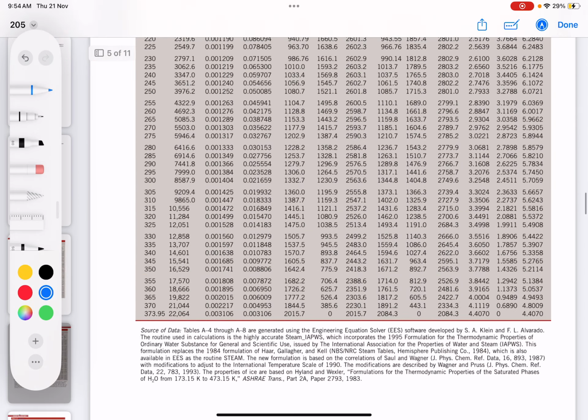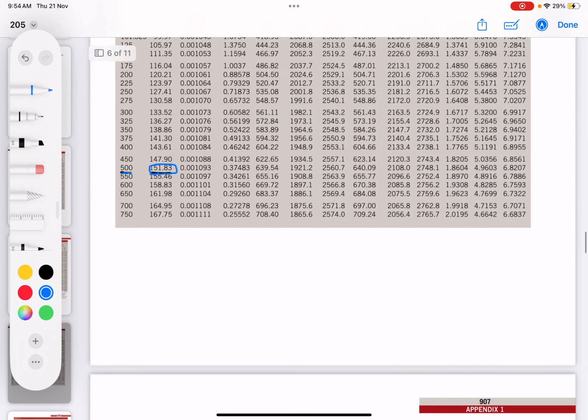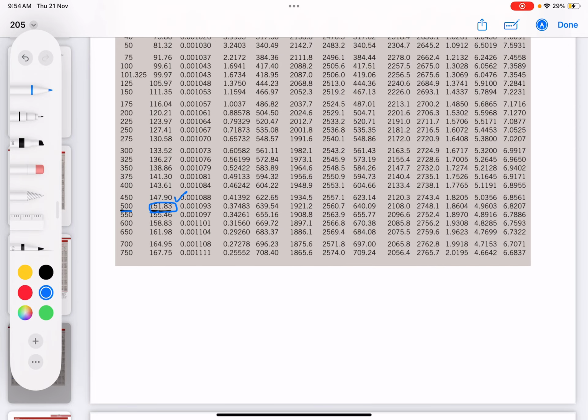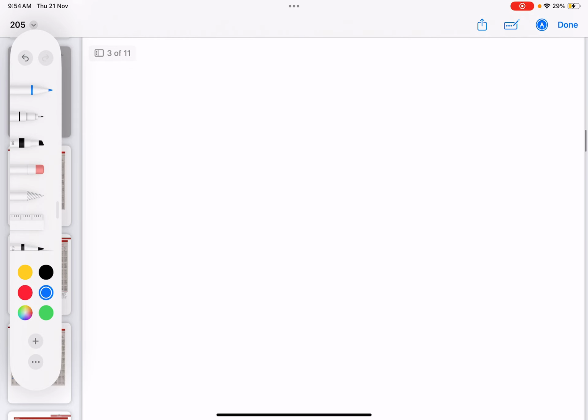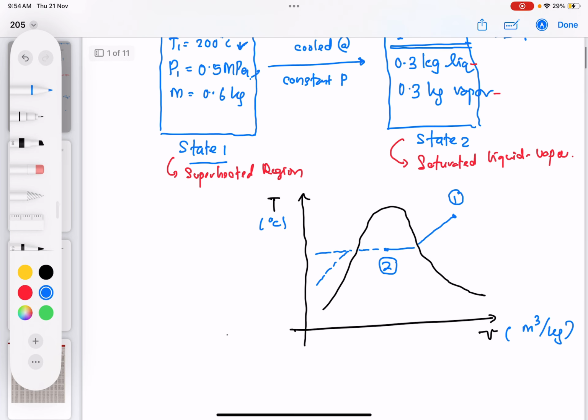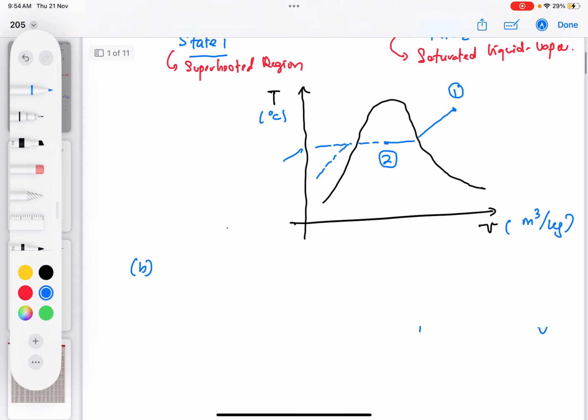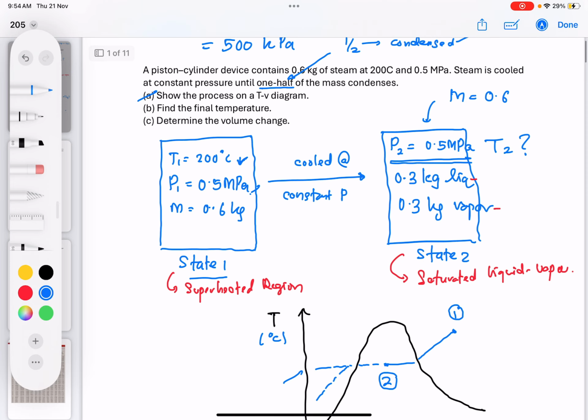For 500 kilopascal, my temperature is going to be 151.83. So my answer for part B is T2 equals the saturation temperature at 500 kilopascal, which equals 151.83 degrees Celsius. This one is not that difficult.